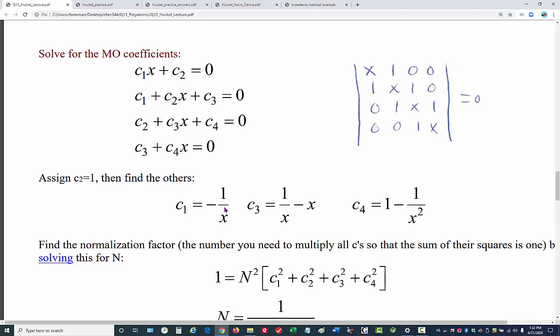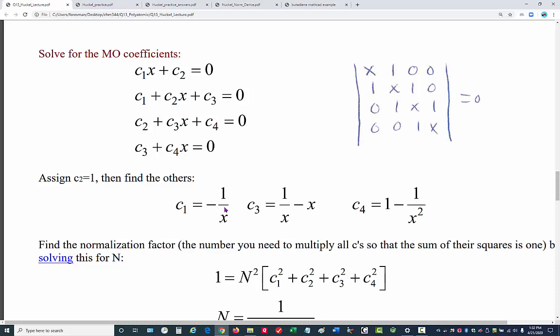And so the way in which we can find at least one solution is to set one of these coefficients equal to 1. So I'm going to pick C2, set it equal to 1, and then find the others in terms of that. So if I put in 1 for C2 in the first equation, I can solve, and I'll have that C1 must equal minus 1 over x.